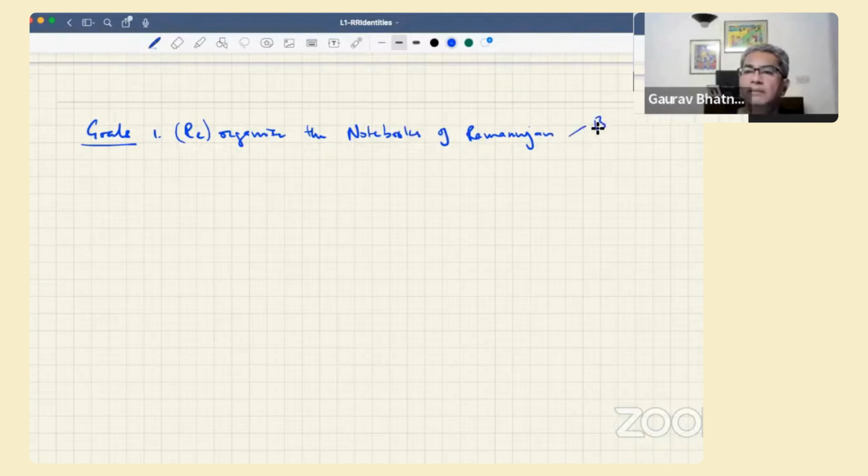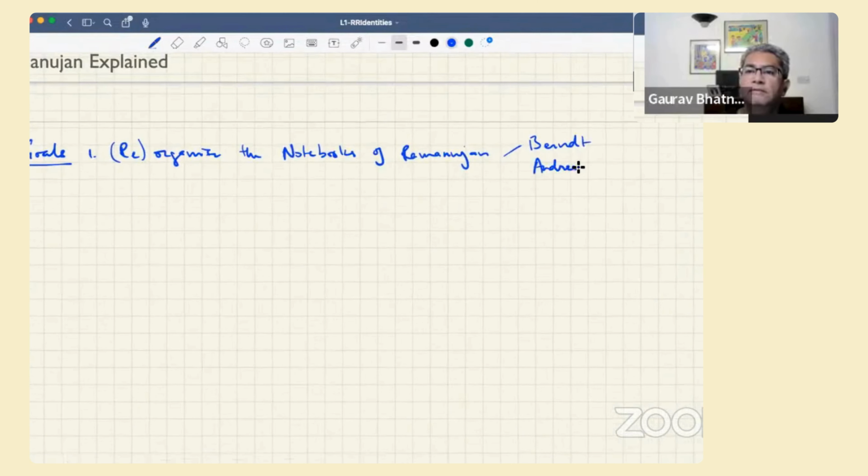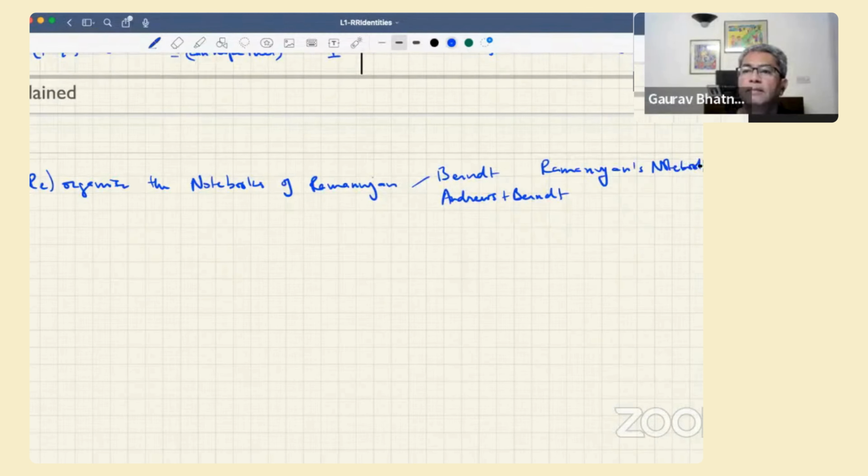The primary references are Berndt, Ramanujan's Notebooks, and Andrews plus Berndt. This is a large task. This is Ramanujan's notebooks and the lost notebook.